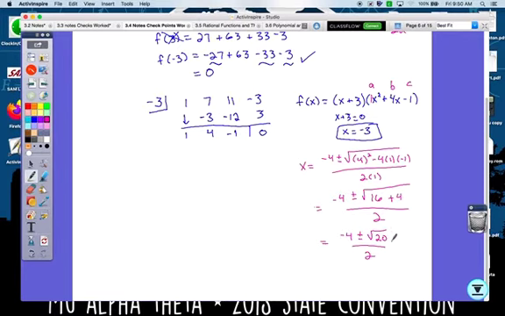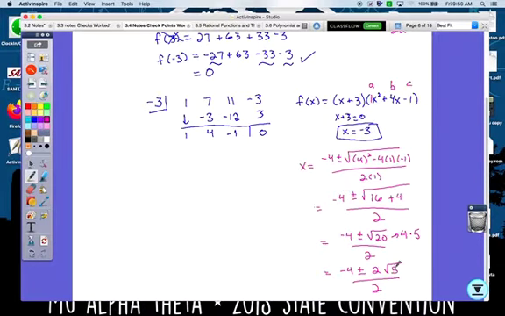All right, and since 20 is not a perfect square, but it does break out into 4 times 5, and 4 is a perfect square, that gives me negative 4 plus or minus the square root of 4, which gives me 2, and then that 5 stays underneath the square root.